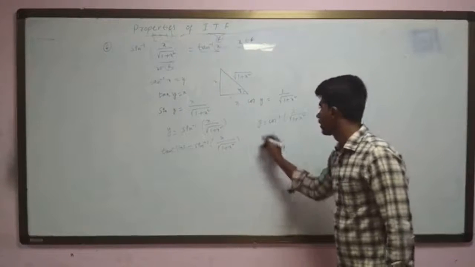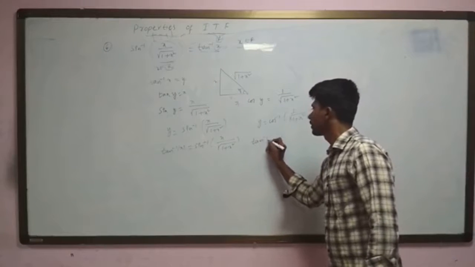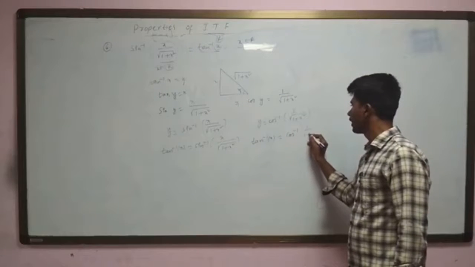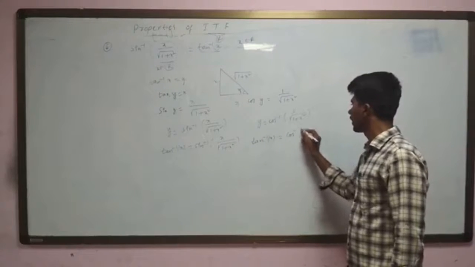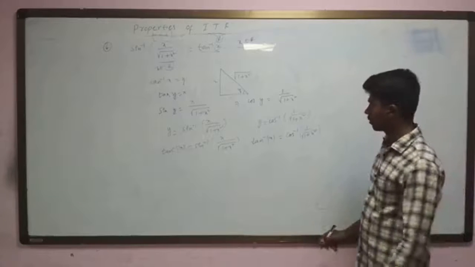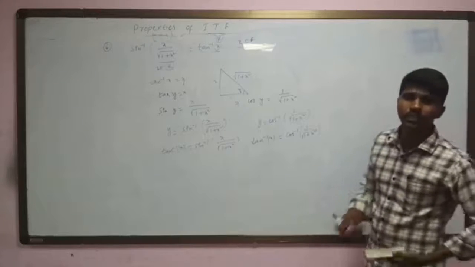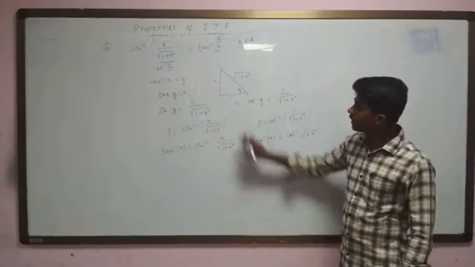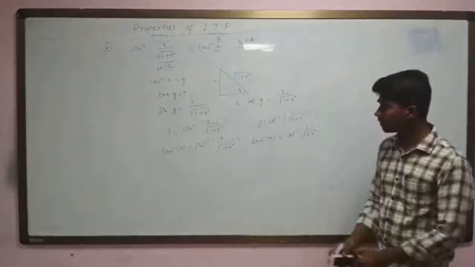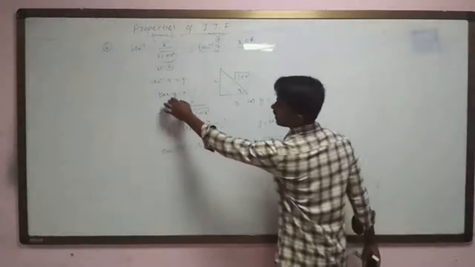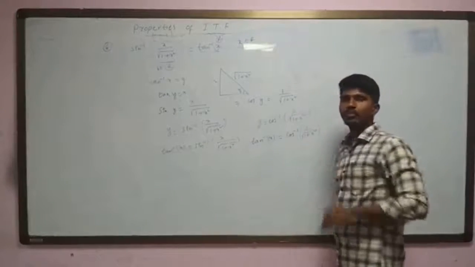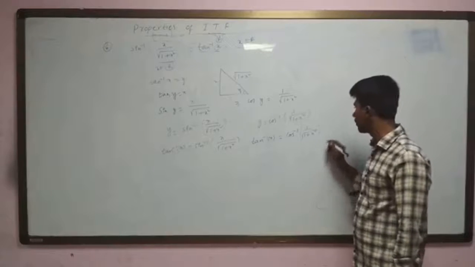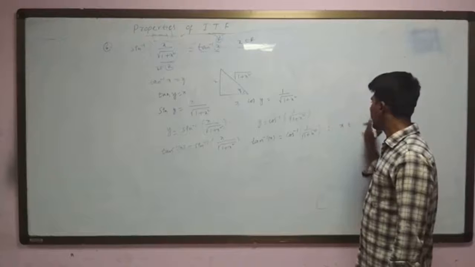So tan inverse of x is equal to cos inverse of 1 by 1 plus x square under root. Now you can convert in terms of secant, cot, and cosecant. So with the help of this triangle method, we can convert anything in terms of the other inverse trigonometric ratio. But after getting this inverse trigonometric ratio, we have to define where x lies.